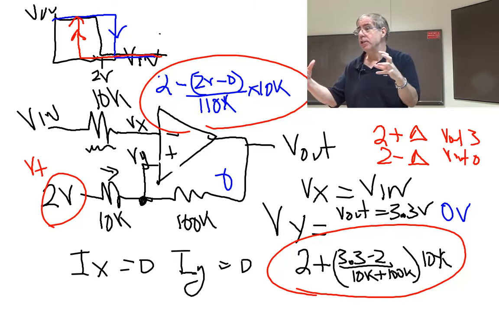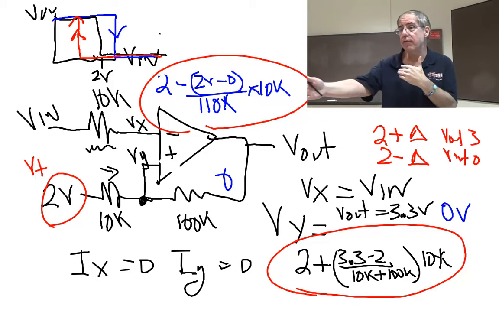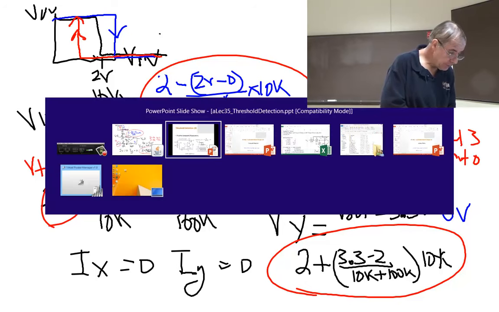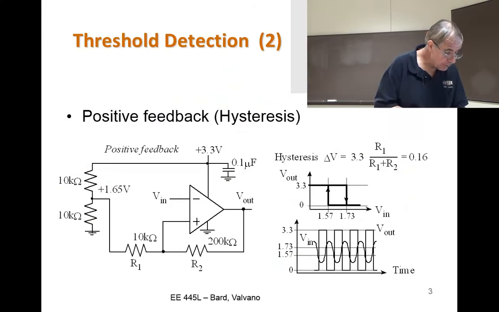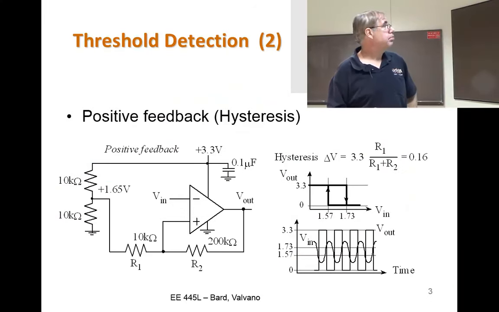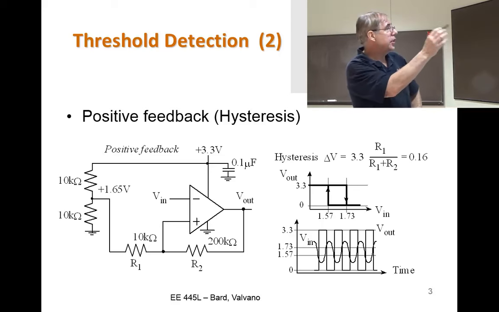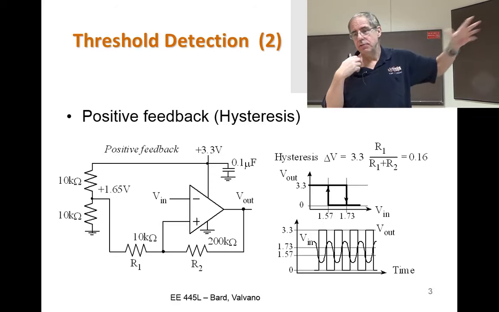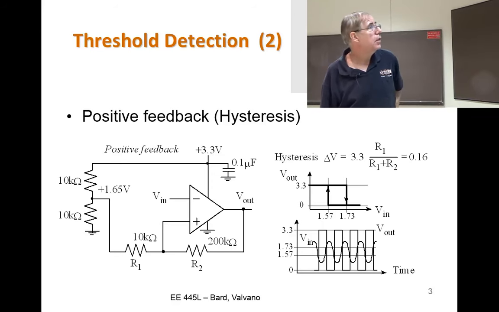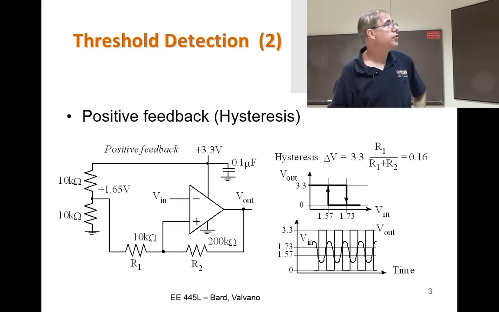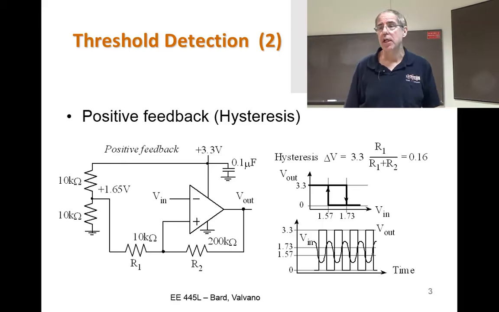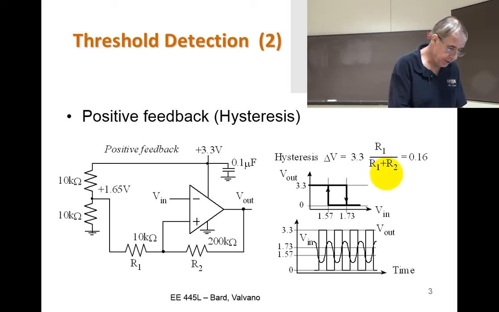If I want a smaller hysteresis, I'll make them different from each other. This is essentially that circuit with an actual threshold in there. And again, the ratio of these resistors will determine the total amount of hysteresis that I can generate.